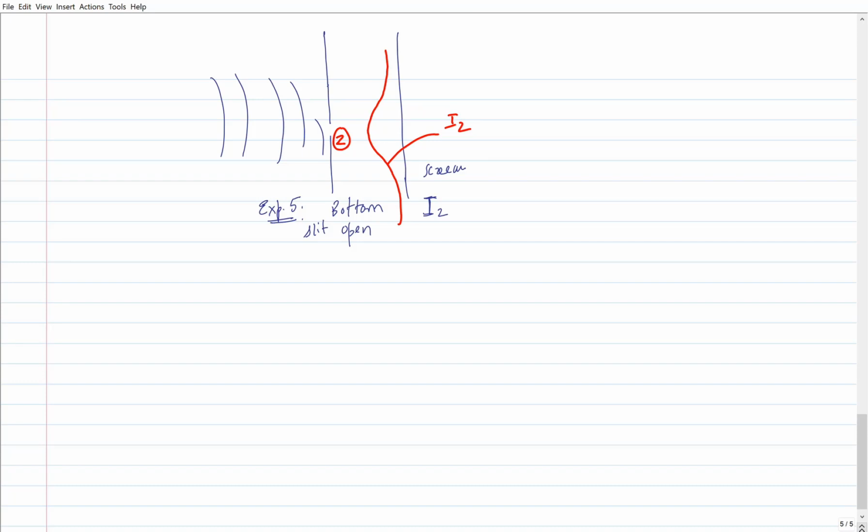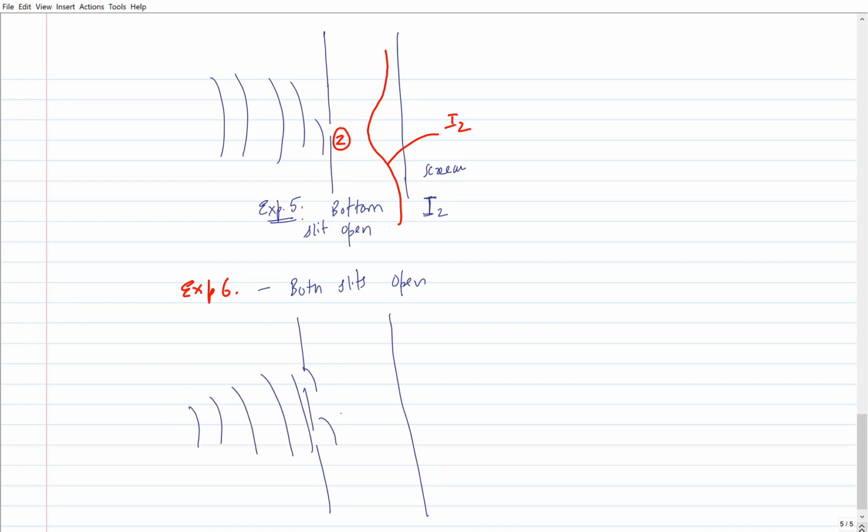Now, what happens when I open both the slits? So, experiment 6. Both slits open. And I have my water waves. Now they pass through both slits.